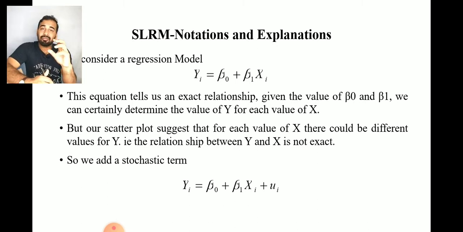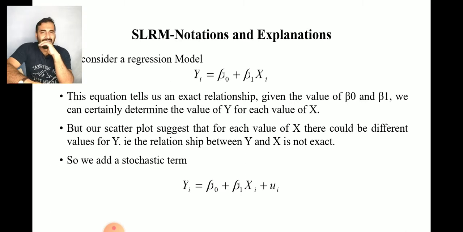Because I am dealing with cross section data. If I put yt, it means I am dealing with time series data. Clear? Yes. As I told you before, this equation is a deterministic equation, or this equation tells us the exact relationship. So if we know the values of beta 0 and beta 1, we can certainly determine the value of y for each value of x.